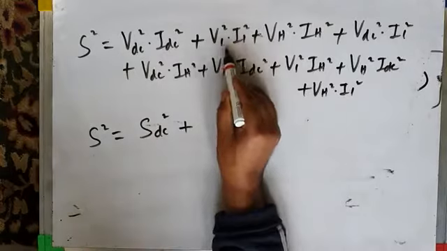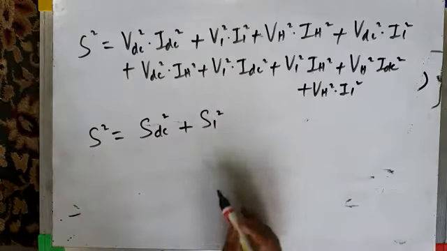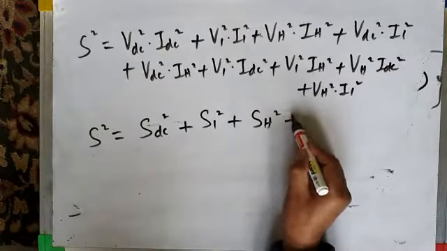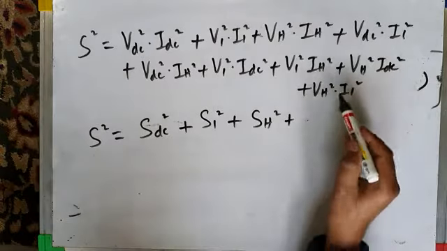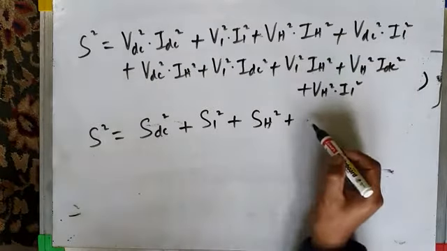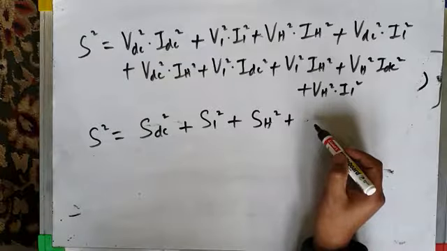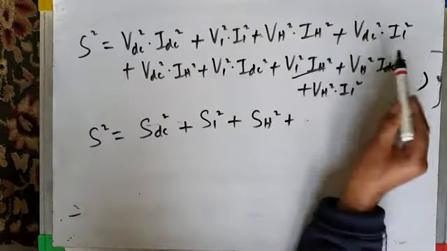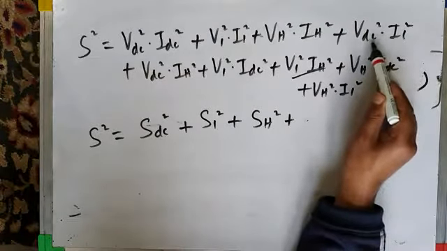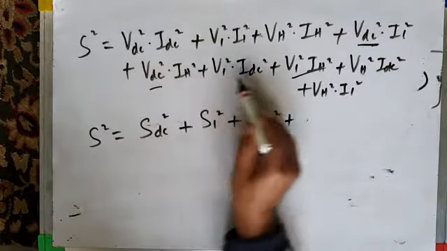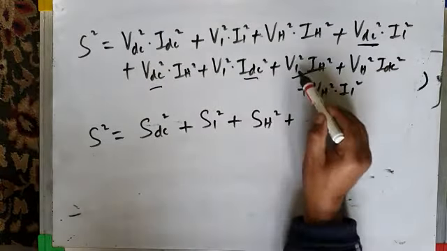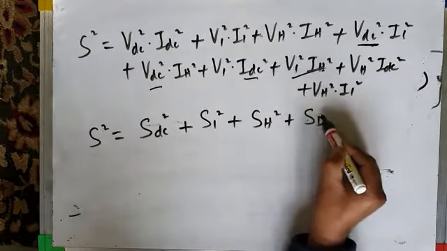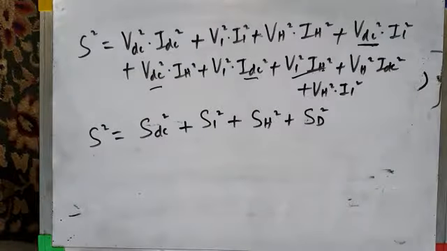Now this is the apparent power due to the fundamental component, that is S1 square, and this is the apparent power due to harmonic components, SH square, plus all these components, V1 square IH square. I mean, in which from one side V1 comes, from the other side a DC term comes. In this also a DC term comes, in this also a DC term comes, in each of these, from one side the fundamental component, from the other side. We call this distortion, apparent power due to distortions.